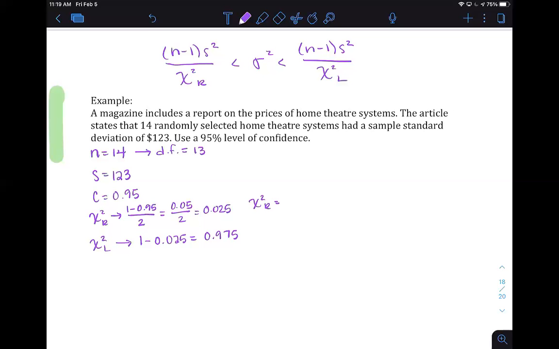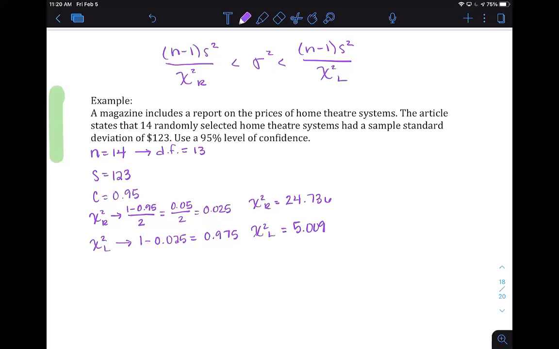And if we go to 0.025, our critical value is what? 24.736. And then chi-squared left, move over to 0.975. And our critical value is? Thank you, 5.009.